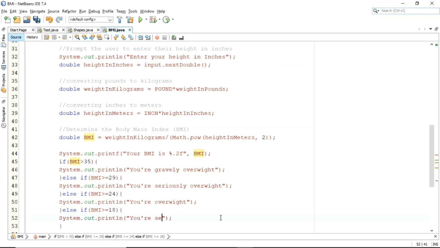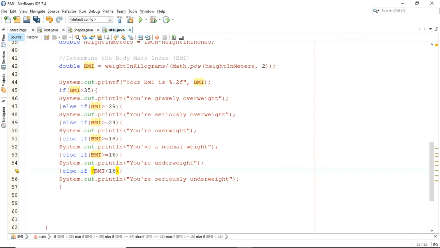Actually, else if seriously underweight. So if BMI is less than 16, then you are seriously underweight.